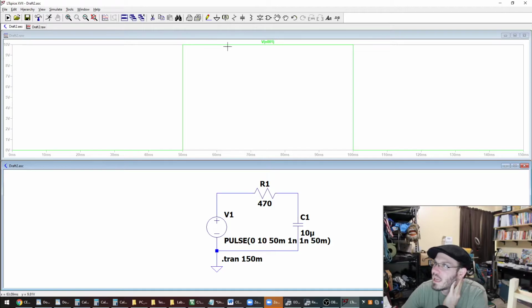We stay at 10 volts for another 50 milliseconds, which puts us at 100 milliseconds. And then we go back down to 0 volts and we stay at 0 volts until 150 milliseconds. So everyone should see that at this point. All I did was take a voltage measurement at the top of our voltage source creating this pulse for us.